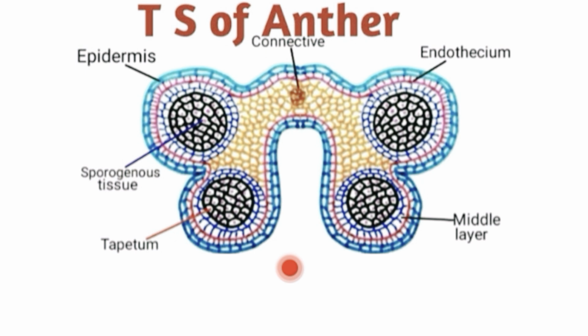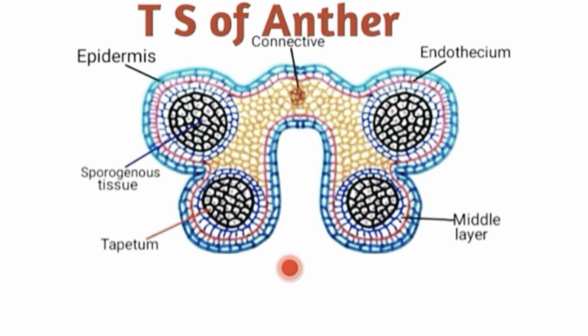When differentiation arises in the anther, the parenchymatous cells convert into archesporial cells. These archesporial cells again divide into two types of cells. The inner one is a sporogenous cell and the outer one is a primary parietal cell.